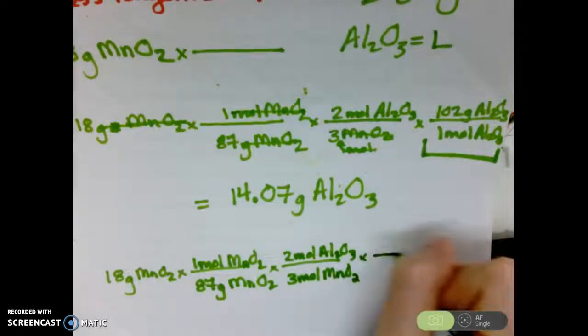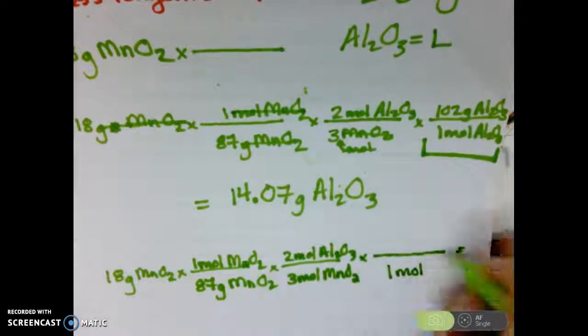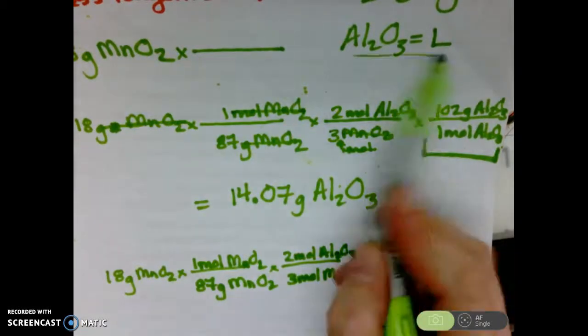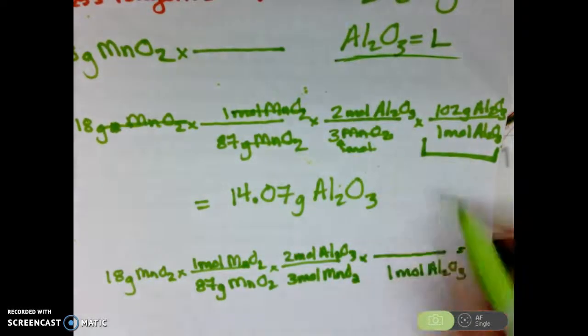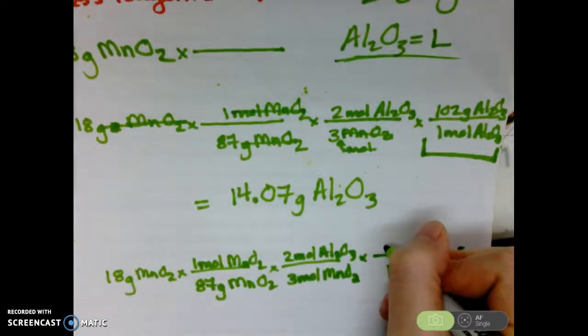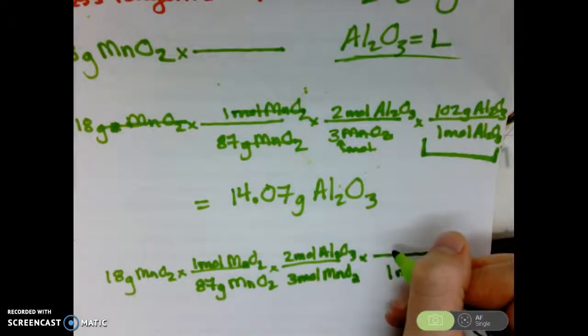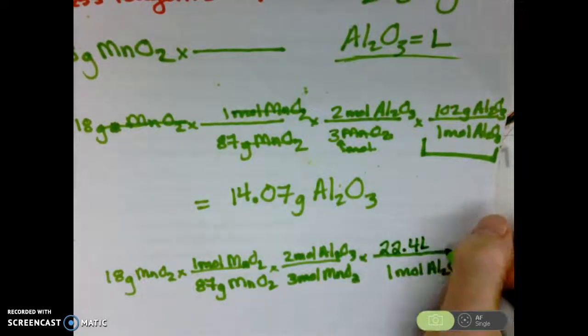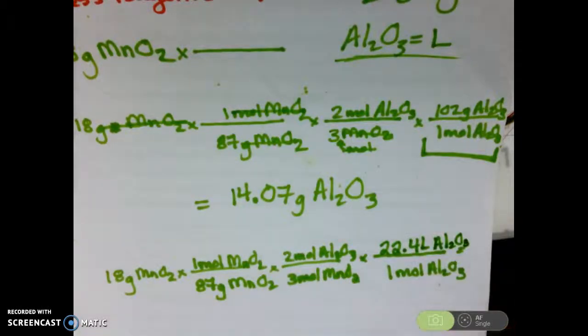The only thing different is this last step. We have the 1 mole of aluminum oxide, and instead of putting the molar mass, we want to find liters. In 1 mole, no matter what compound we're dealing with, there is always 22.4 liters if that compound is a gas. We're saying at STP, this is a gas.